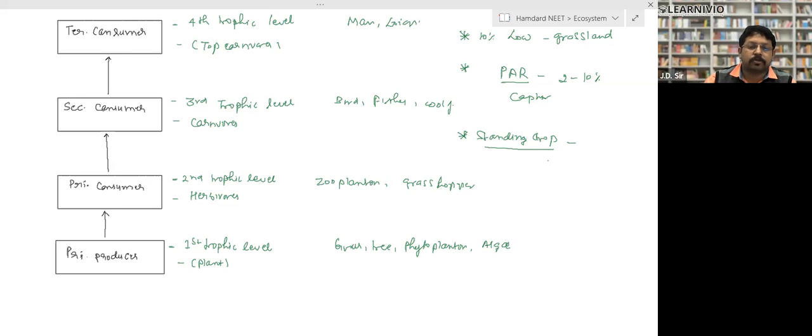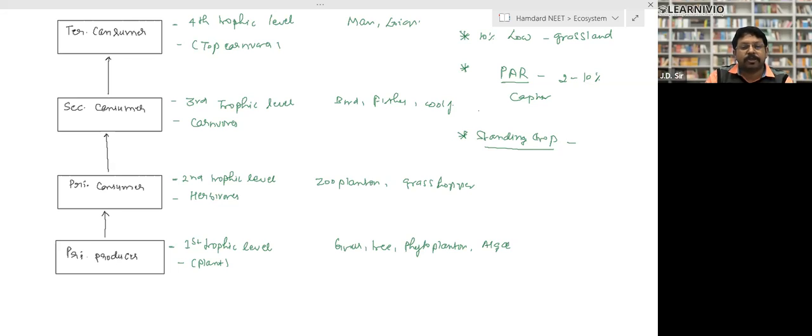This means it is meant for photosynthesis, and in short we call it PAR, photosynthetically active radiation. Full stop.